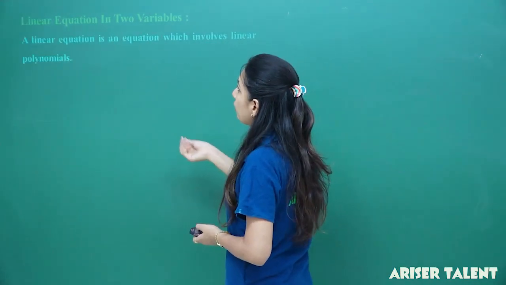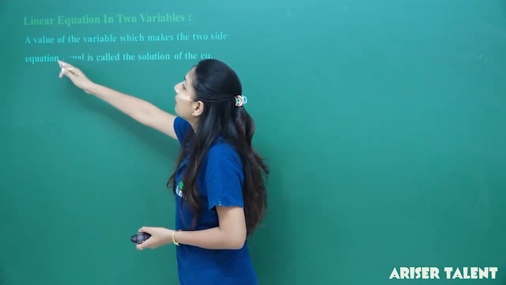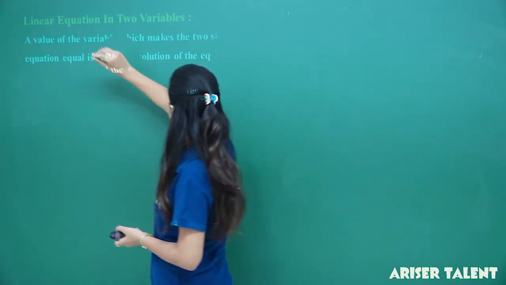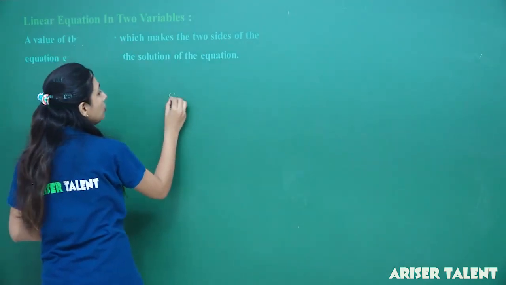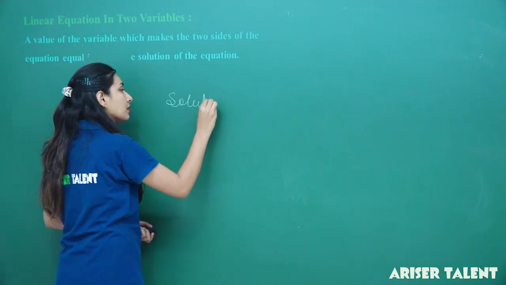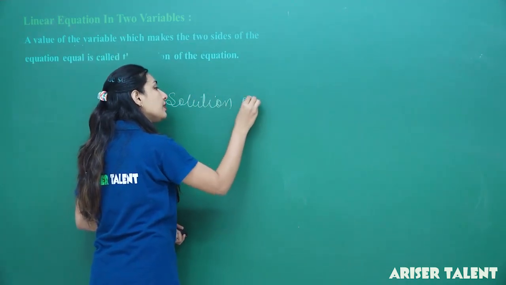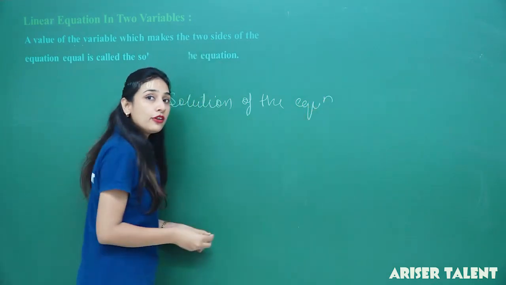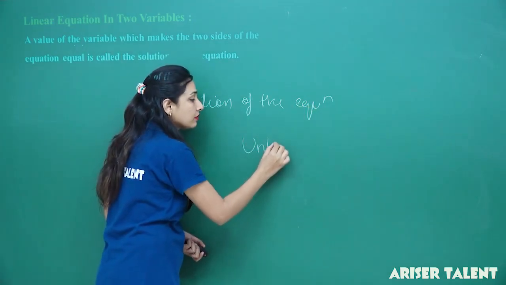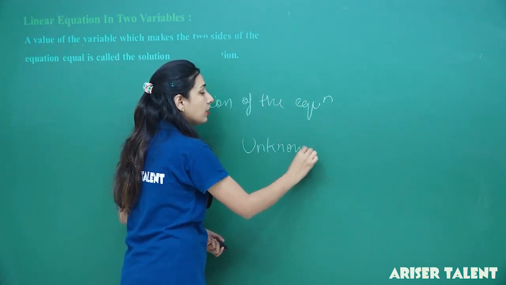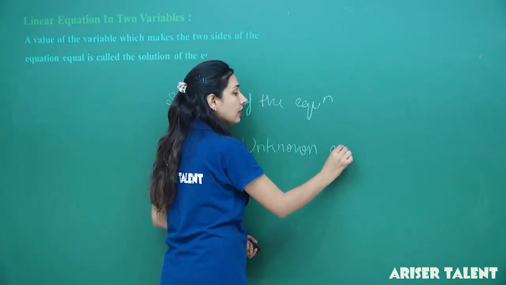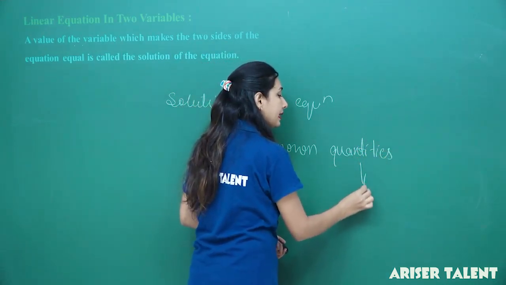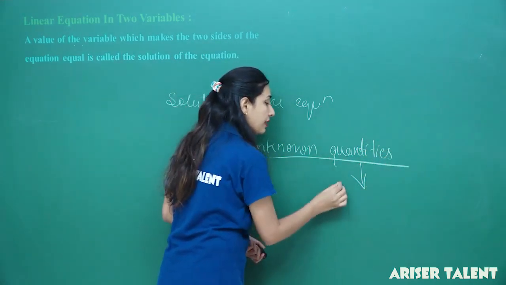Now what is the solution? This is the solution of the equation. Now students, we are talking about unknown quantities, and we represent these unknown quantities as variables.